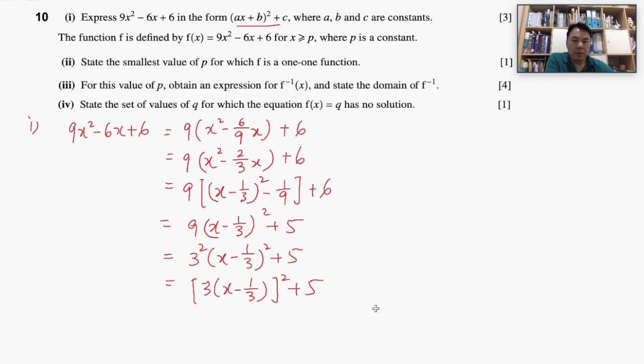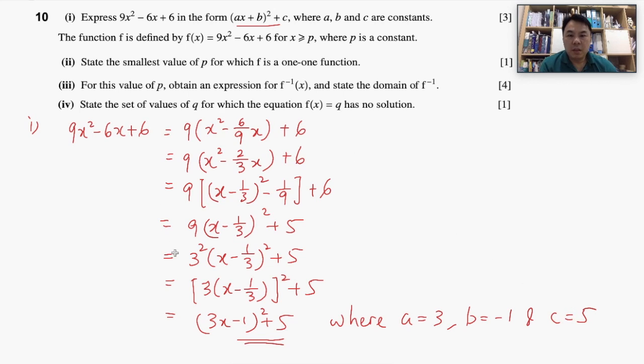So it's also a bit of a revisit on the index rule. From here I'm going to expand this, so that will be minus 1. I hope I got that correct. Plus a 5. Now if you compare this with this, yes, we managed to discover this format where A is equal to 3, B is equal to negative 1, and C is equal to 5.